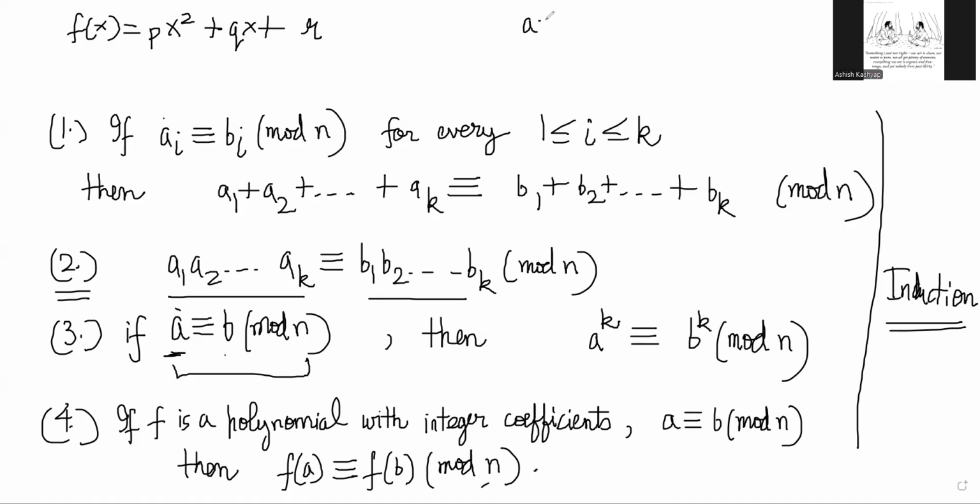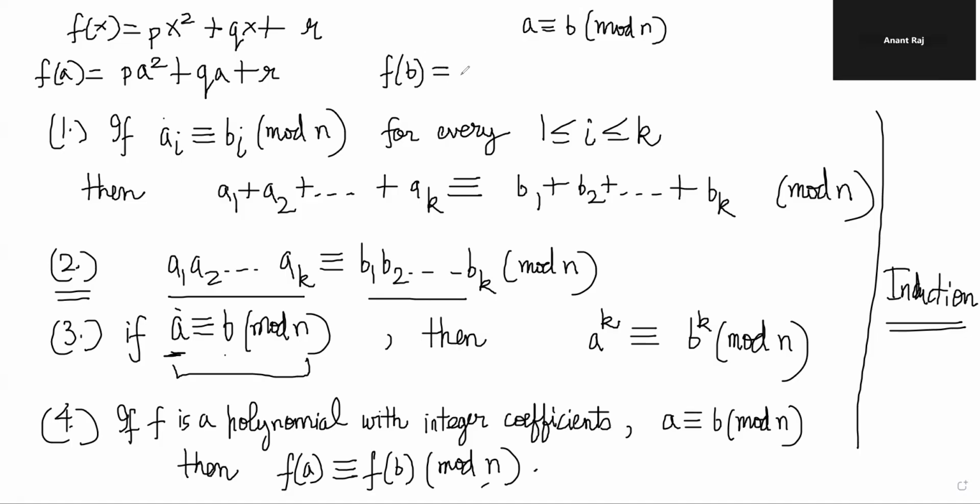And we know that a is congruent to b mod n. Right? If you look at f of a, what is that? It is pa square plus qa plus r, right? And f of b is what? pb square plus qb plus r, right?